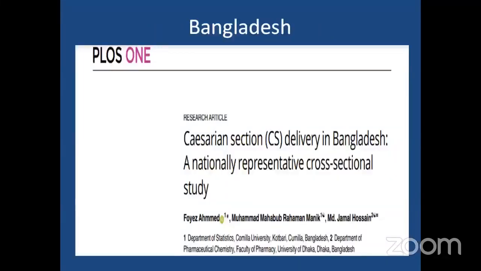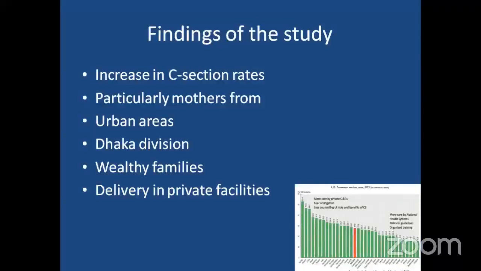Now let us look at Bangladesh. This is a study which talks about a nationally representative cross-sectional study. And what does it say? Increase in C-section rates. And it goes on further to elaborate. Of course, I'm not able to present the whole of the findings, which would take a pretty long time.